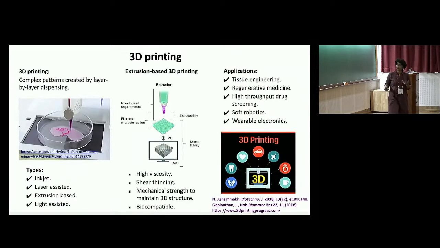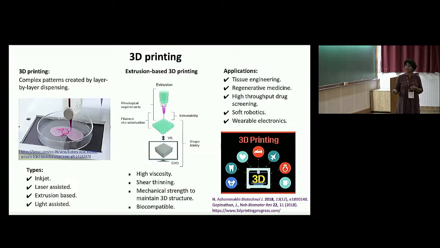Additive manufacturing, in the last few years, has been a focus of rapid manufacturing of materials, and for hydrogels, extrusion based printing has been receiving attention in the last few years, and that would be the focus of the next few slides of my presentation.